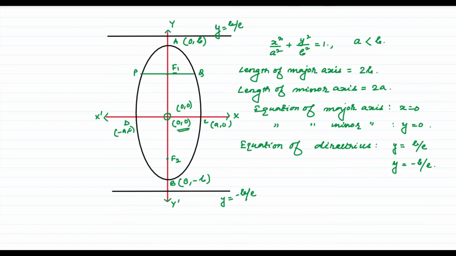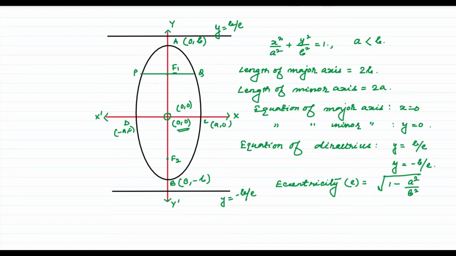Where e is the eccentricity. So eccentricity is root over 1 minus a square by b square.